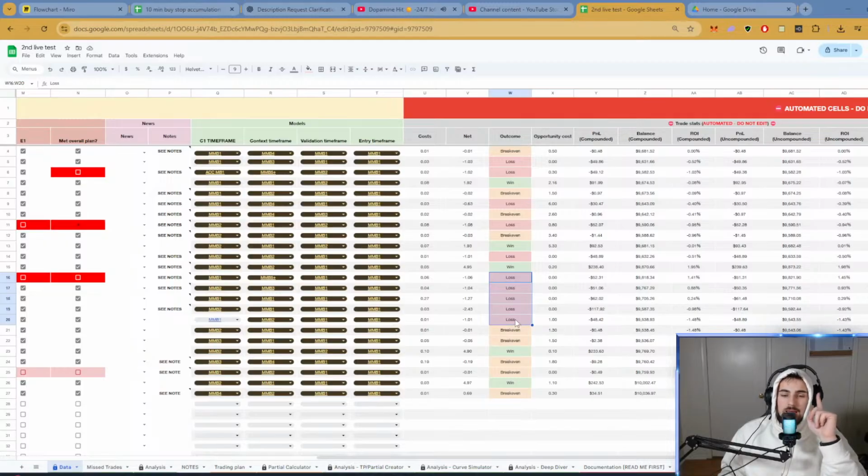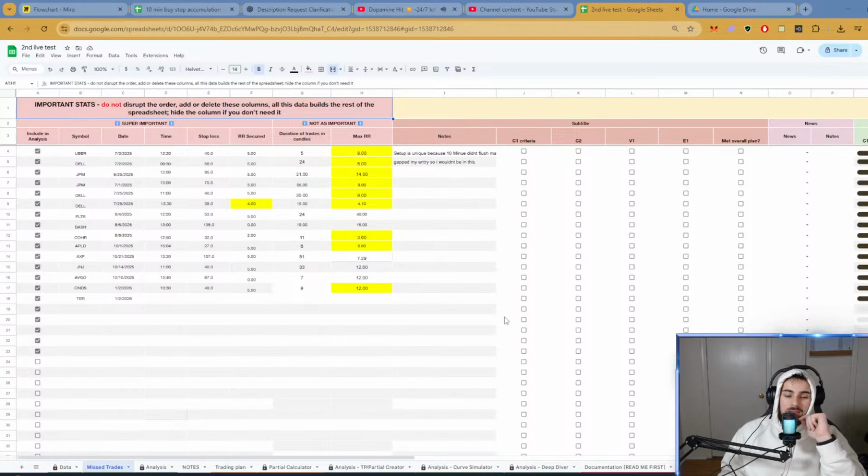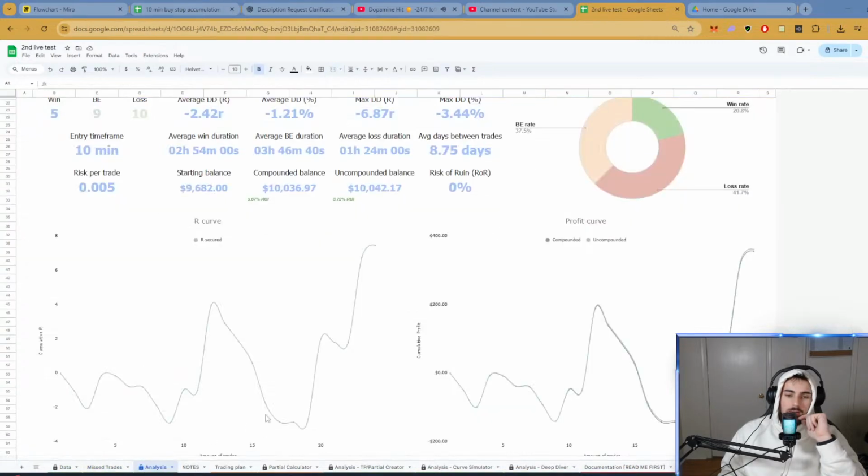And you can't guess the random probability of your system that you get a break even, win, or loss. You can't predict it. But you have to trust that the math of your system will lead to profitability.